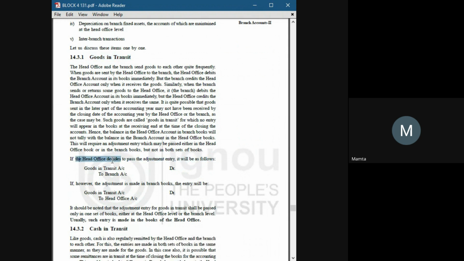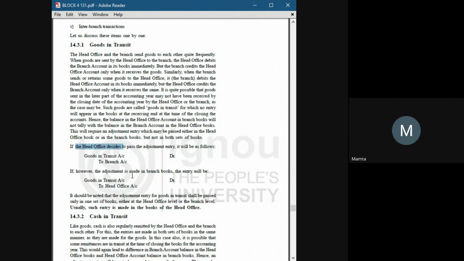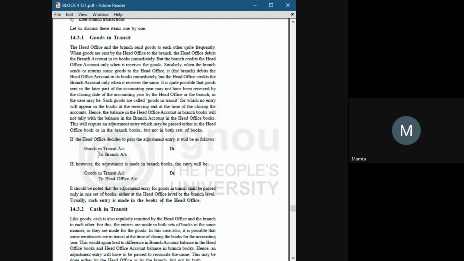Only one party, either the head office or the branch, passes the necessary journal entry in their books of account. Note, they do not pass this entry in both their accounts. Only one of them will pass it.